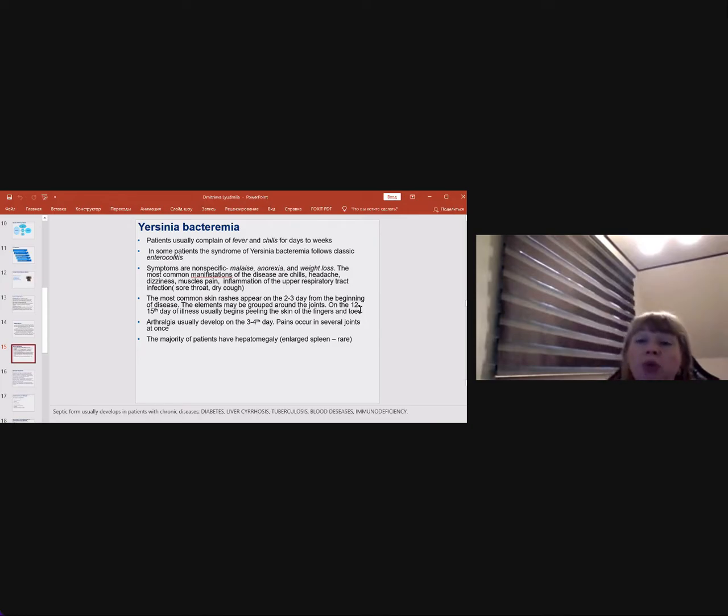And the patients with acute viral hepatitis usually have high activity of ALT and AST. It may be 1,000 or several thousands, but the patients with yersiniosis usually have moderate activity of ALT and AST. It may be 200, 300, but not more than 400.